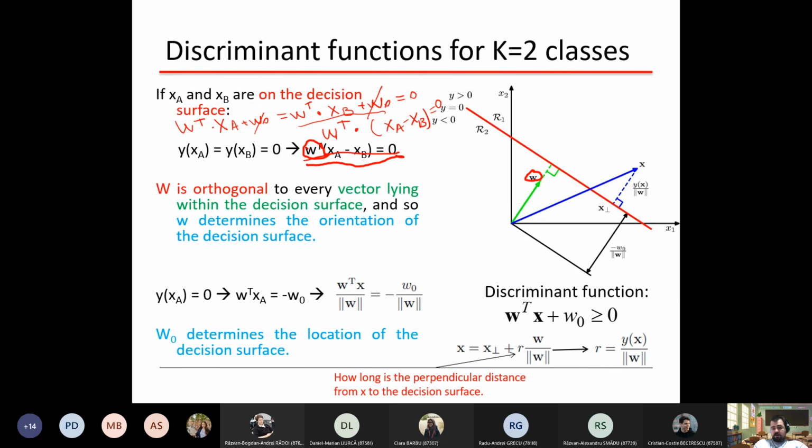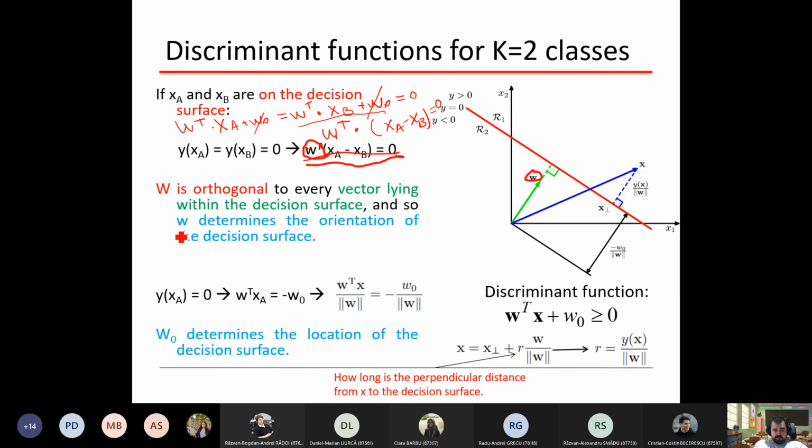Moreover, I told you that we are interested in two things: orientation, and as you can see, orientation is orthogonal on W, and offset. Now, to find out what is the offset, we also use the formula from above.